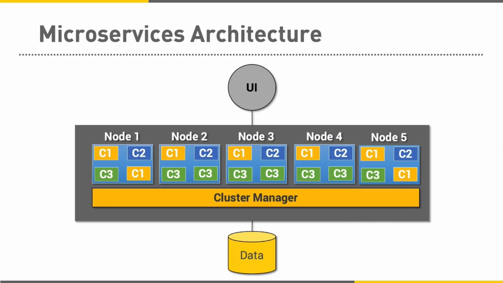In this scenario, you actually notice that we have C3 scaling more than C1 and C2. Let me put this in perspective. Imagine you are running an e-commerce portal and you're on your big day sale. A lot of people are window shopping and they want to figure out the pricing before they actually buy, which means the catalog service is what is currently being used the most. In the traditional world, scaling up or scaling out the catalog service alone is not possible.